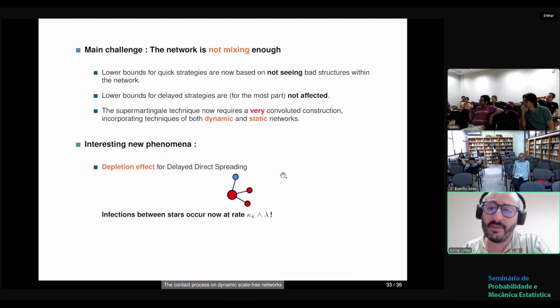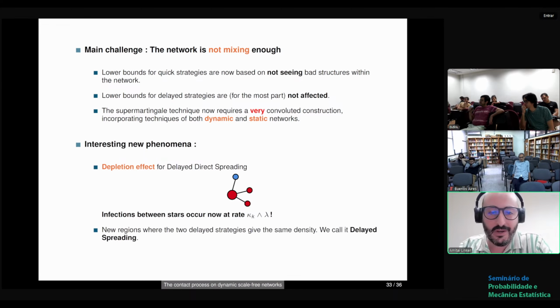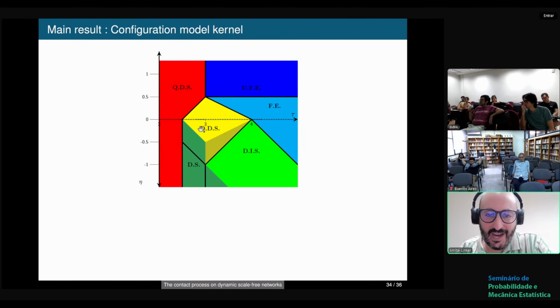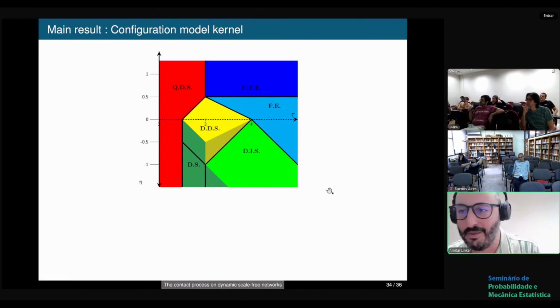This depletion effect is the reason why this yellow part, the delayed direct spreading, changes its color and is replaced by another strategy. It's becoming less effective until some other strategy becomes more optimal, which is part of the richness of the picture.